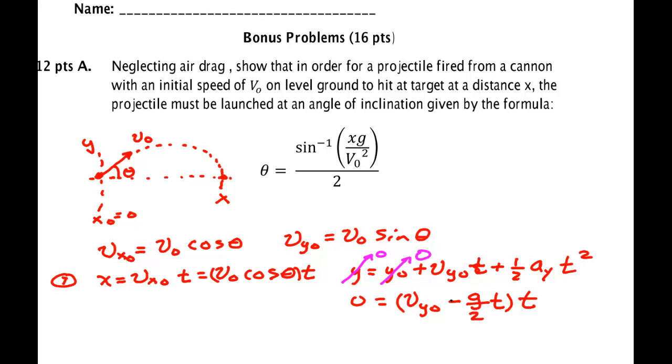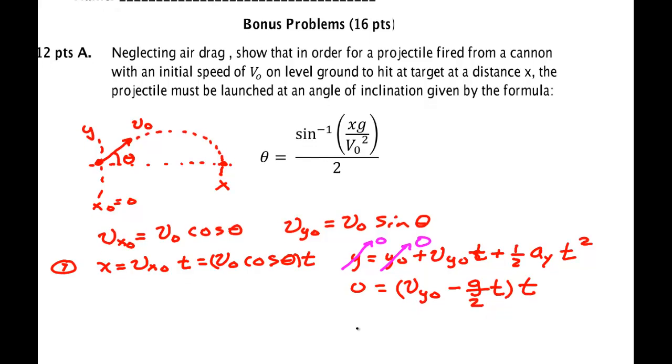In order for this to be 0, either the term in the parentheses must be 0 or the term on the outside has to be 0. Now the term on the outside is 0 at t equals 0. That is when the projectile is first shot. That's not the solution we want. We want the solution where t is greater than 0 and it hits over here. So that means this term in the parentheses must be 0.